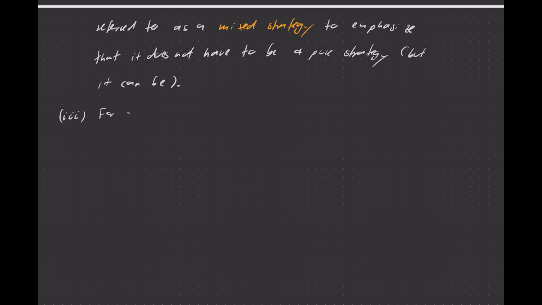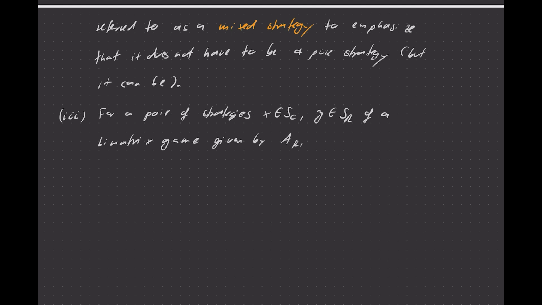So for a pair of strategies, x in S_C, y in S_R, of a bimatrix game given by A_R, A_C, both in R^(m×n), the so-called expected payoff.